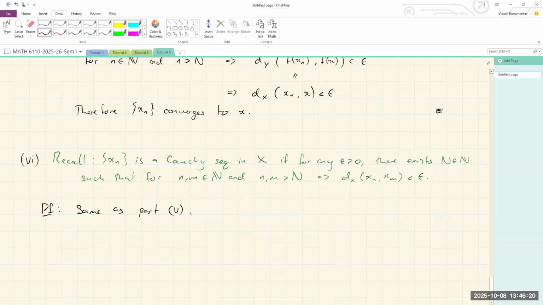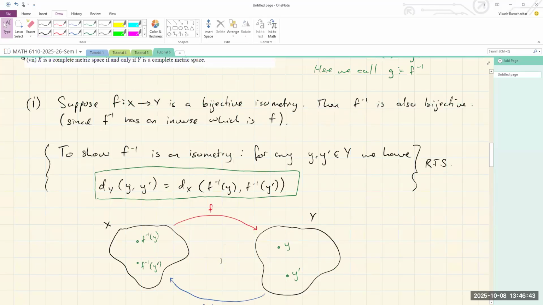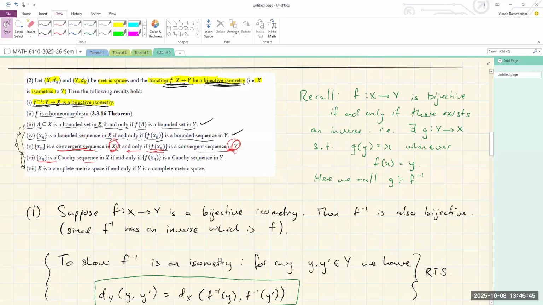It's the same proof, except instead of d of x and x, you will have d of x_n, x_m. And so you can also move Cauchy sequences back and forth between these two spaces, X and Y, if they are isometric.